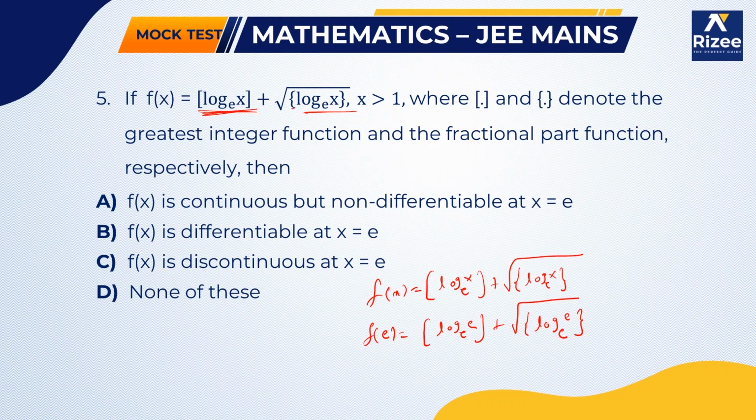So f of e is equal to the greatest integer of 1 plus the fractional part of 1. 1 can be written as 1.0. Adding this, we get f of e is equal to 1. Therefore, we can say that f is continuous at x equals e.